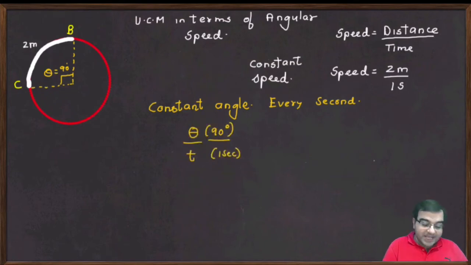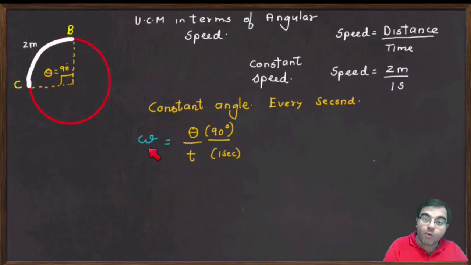Therefore, I am going to say my theta by t was constant. It was 90 degrees per second. Now, if instead of using degrees for the angle theta I use radians, I get radians per second. Radians per second is nothing but a unit for angular velocity or angular speed.